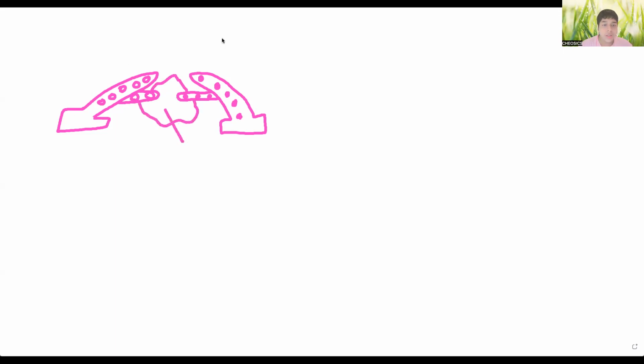And in this zygosporangium, plasmogamy takes place. What exactly is plasmogamy? Plasmogamy is the fusion of the cytoplasm. It's that easy.